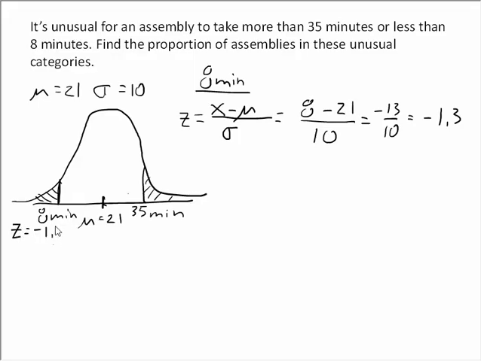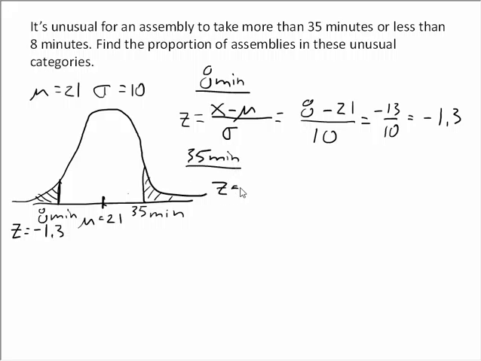Negative 1.3. And recall, what are z-values? Those are standard deviations away from the mean. So 8 minutes is 1.3 standard deviations away from the mean of 21. How about this 35 guy? 35 minutes, where's he at?